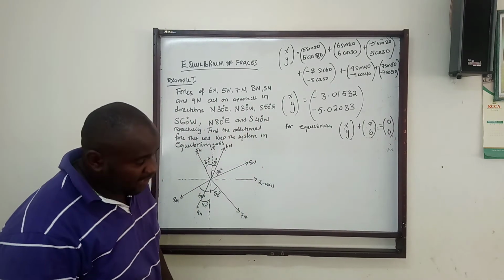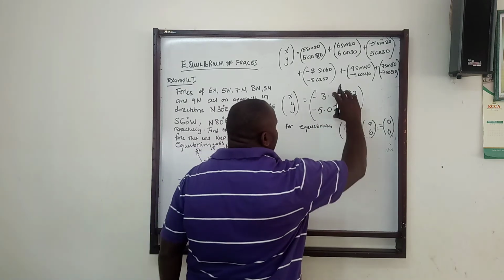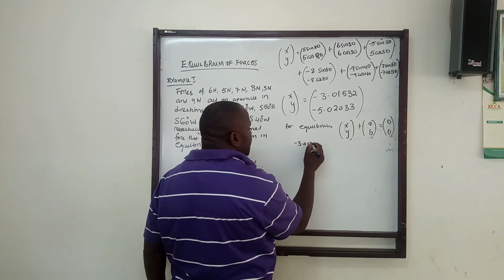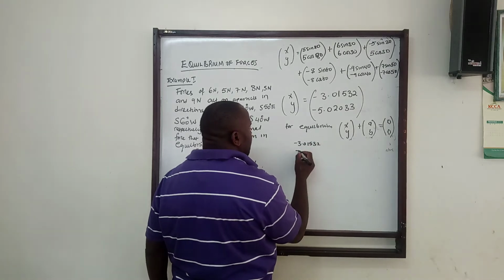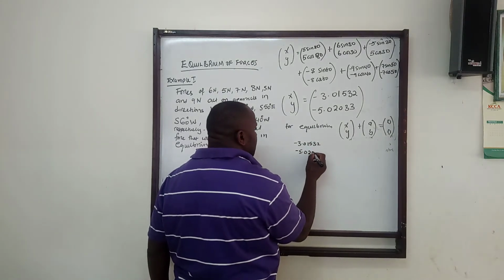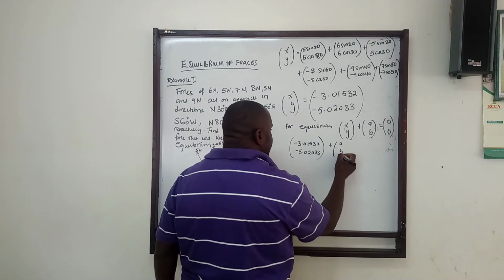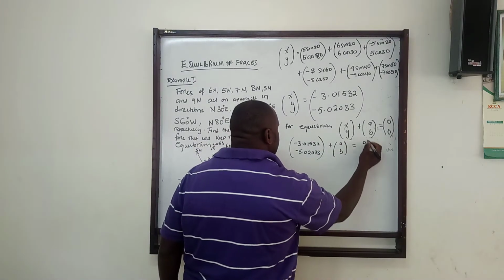So in that regard, you add this vector here, which is negative 3.01532, negative 5.02033. When you add the two together, we shall get AB is equal to 0, 0.